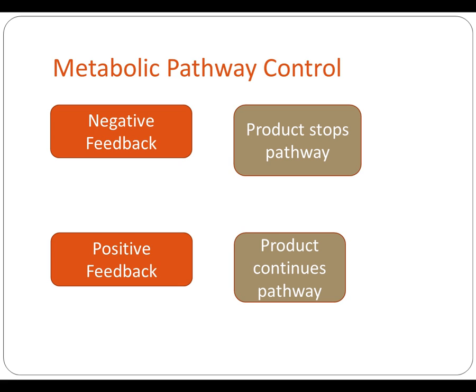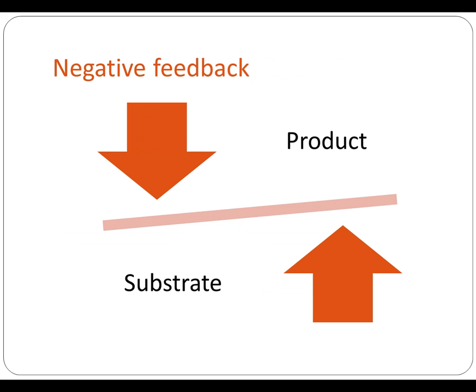I want to elaborate a little more on negative feedback, though. It's kind of like the balance, the homeostasis visual. If our product overaccumulates, we should convert it back to substrate, and then vice versa. Teeter-totter, homeostasis. So it opposes. Hopefully this image visually kind of helps you.